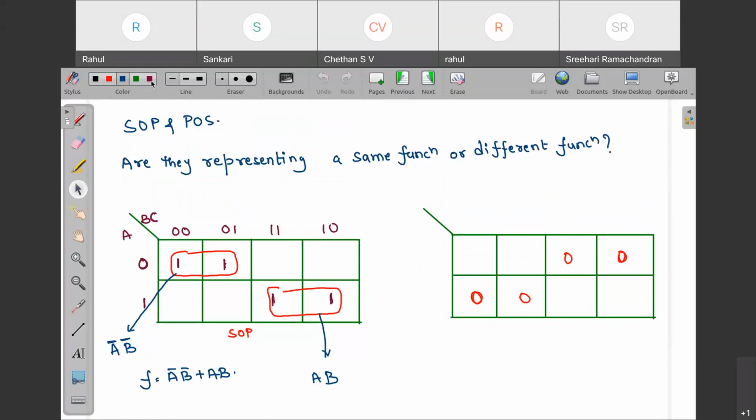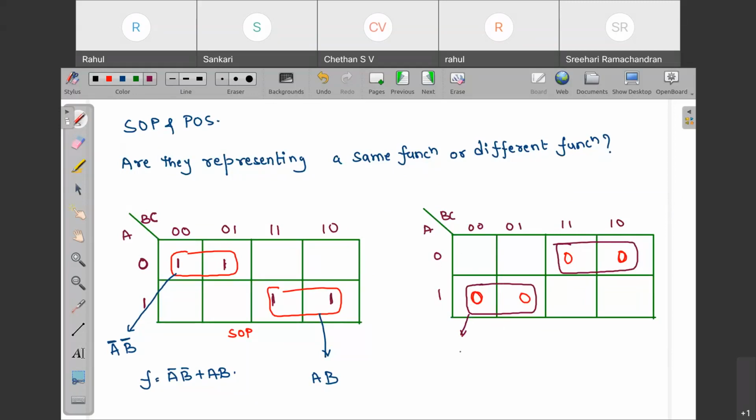Okay, so now let us group the zeros. If I group the zeros, once again you can see this will correspond to a max term. What will the max term be?